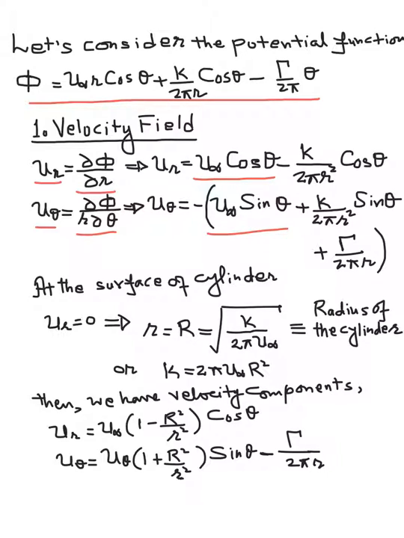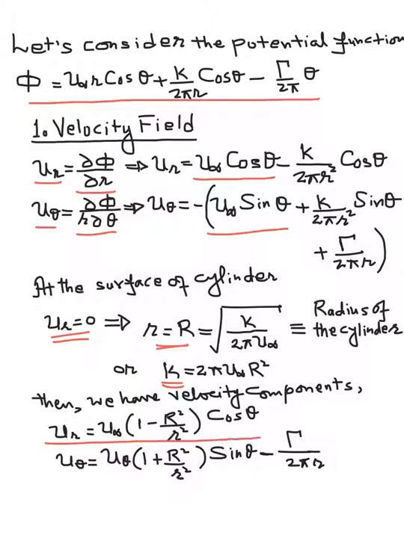Now subsequently, I have determined the radius of the cylinder by setting u_r equal to 0 at the surface. So this is the value of r, and ultimately I have determined the value of k. So the expressions for u_r and u theta have been written in terms of the radius of the cylinder here.